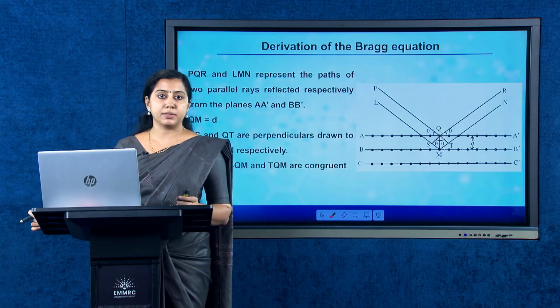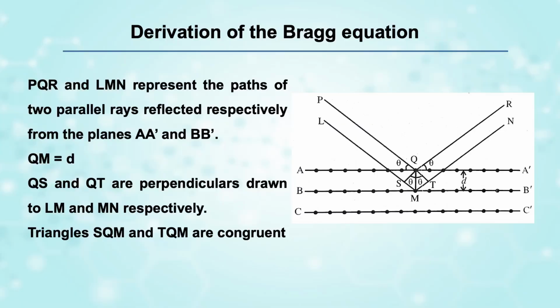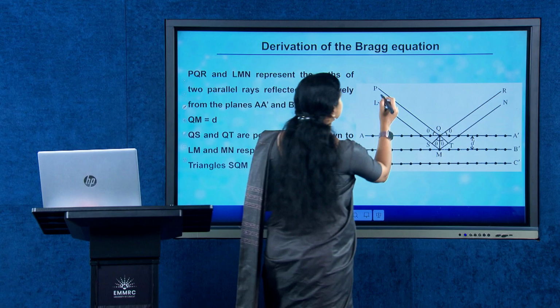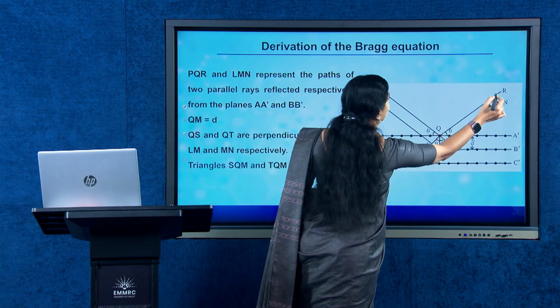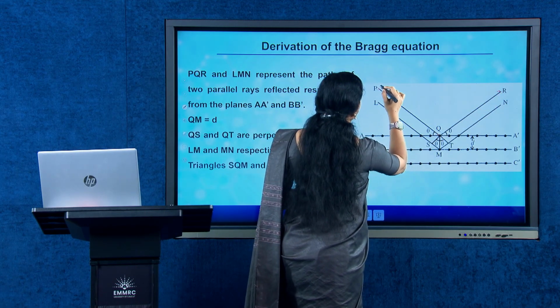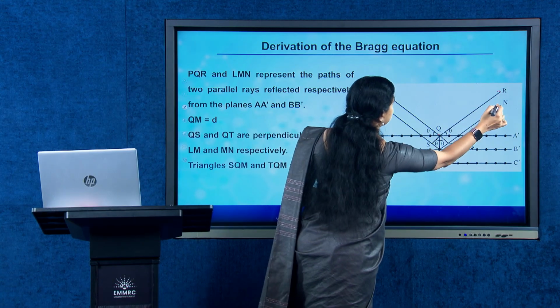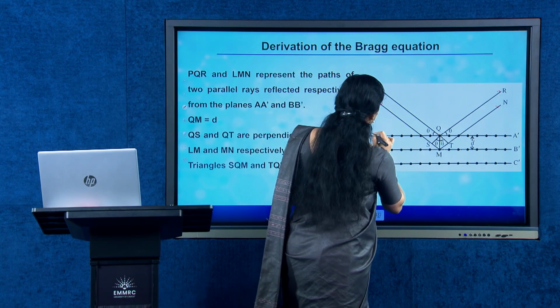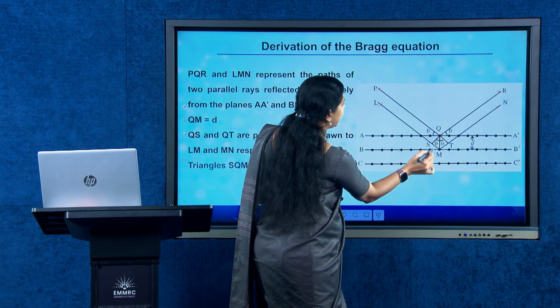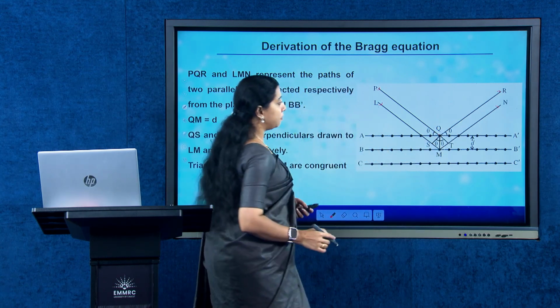Now, let us see what happens. Let PQR and LMN represent the paths of two parallel rays reflected respectively from the planes A dash and B dash. So, this is PQR and this is LMN. PQR onto the plane A dash and LMN onto the plane B dash.